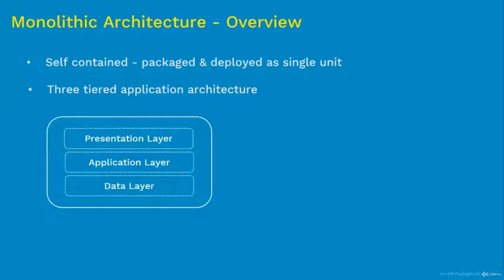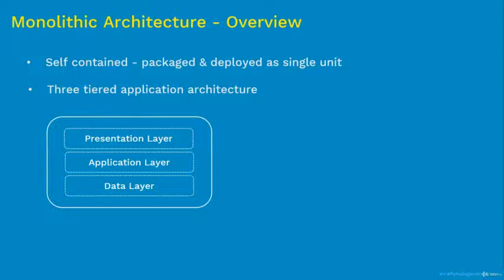Now moving on to the next tier under presentation, which is the application tier. This is where you have all the business logic. It is often written in Java, .NET, C#, Python, C++, or some other related languages. Finally, coming to the last tier in the monolithic architecture, which is the data tier.